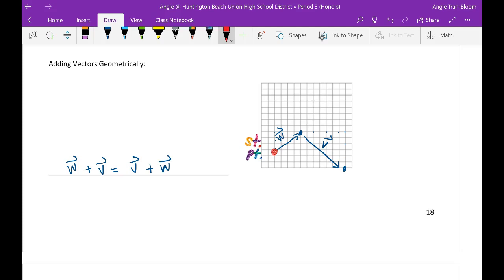But when you find the summation of the two vectors, you start here and you end here. So this red vector is vector w plus vector v, which is the same thing as vector v plus vector w. This vector is the final answer of the two adding together.